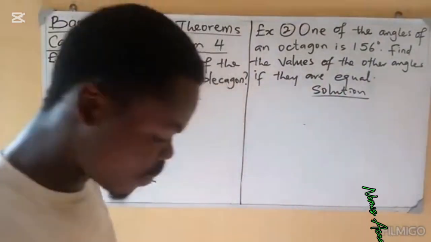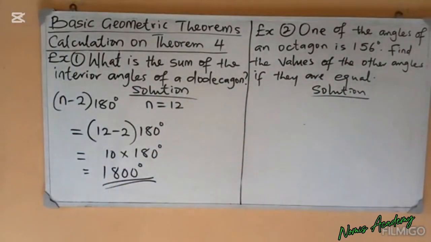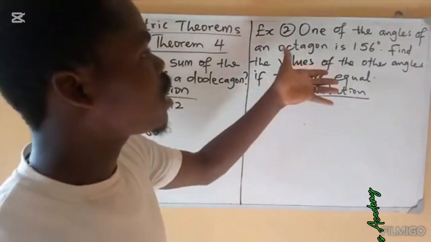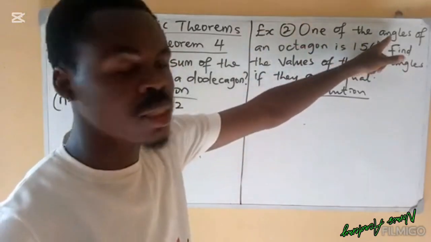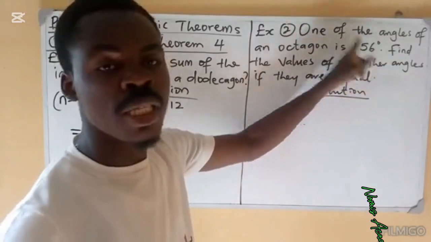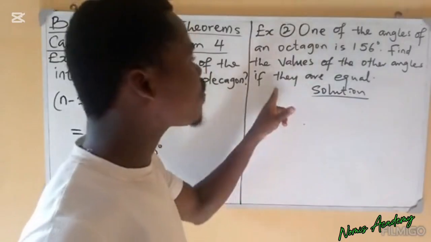All right, we have a problem on the board to solve. So let's begin with explaining the question so that we can get it properly. We say one of the angles of an octagon is 156 degrees. Find the values of the other angles if they are equal.